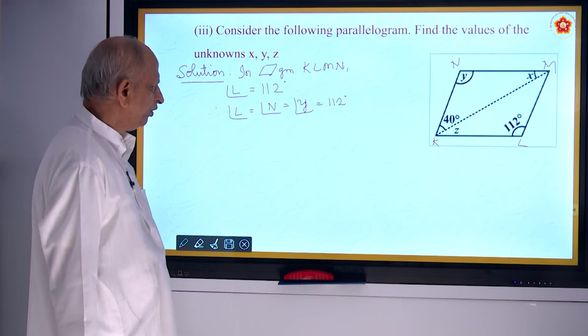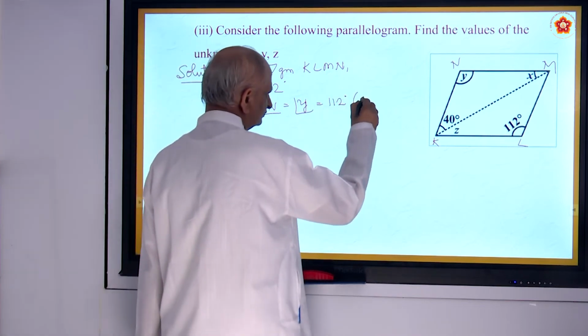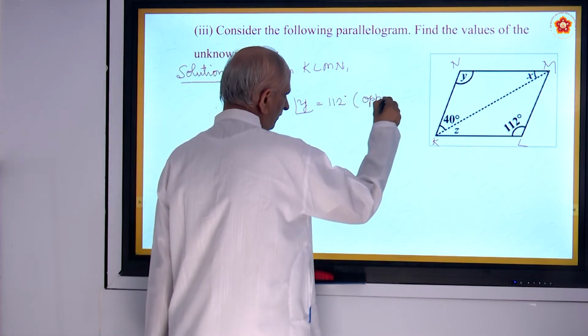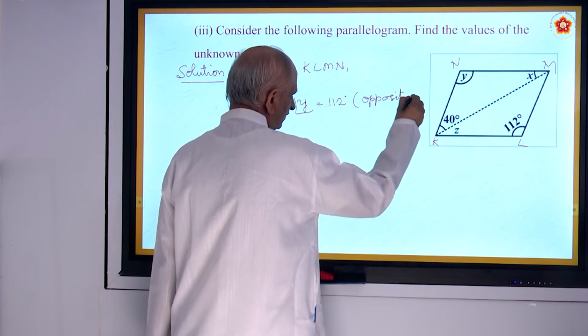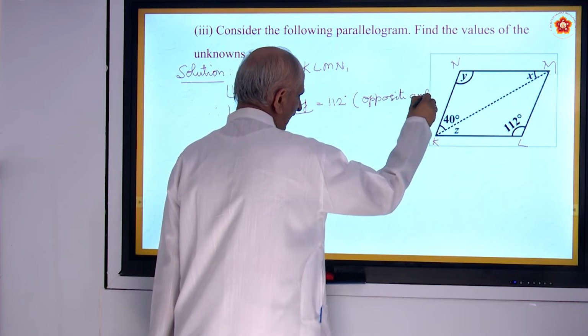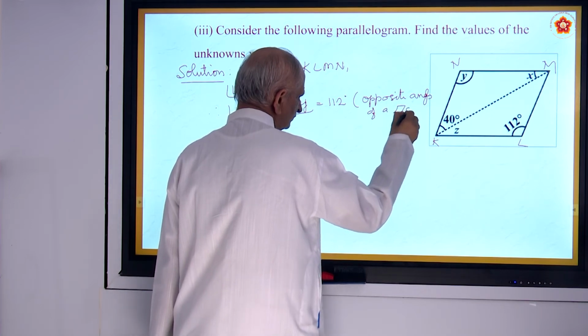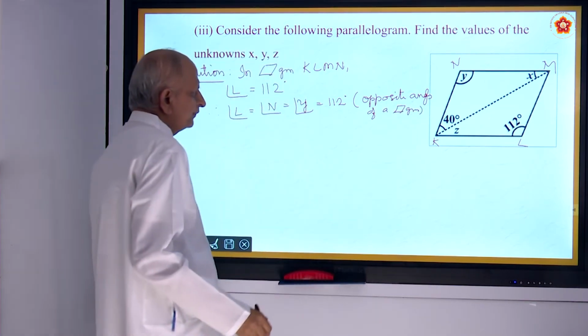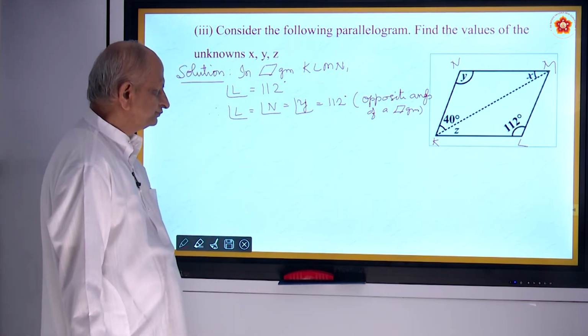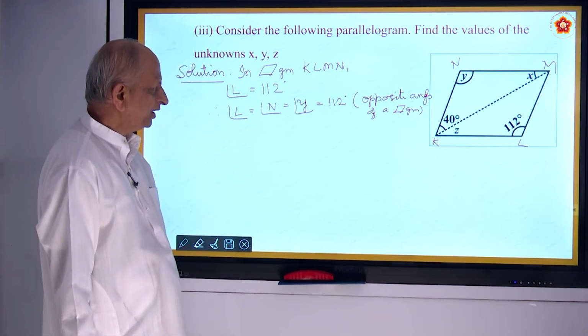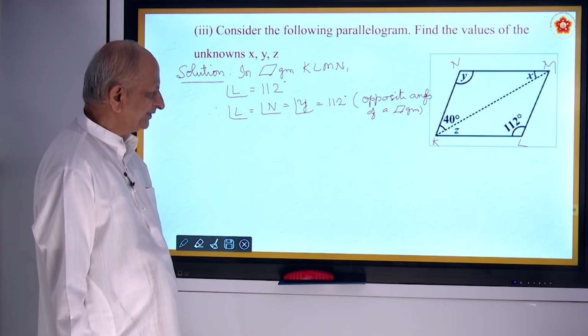Because they are opposite angles of a parallelogram. So, one is over. Now, how to find x and z?